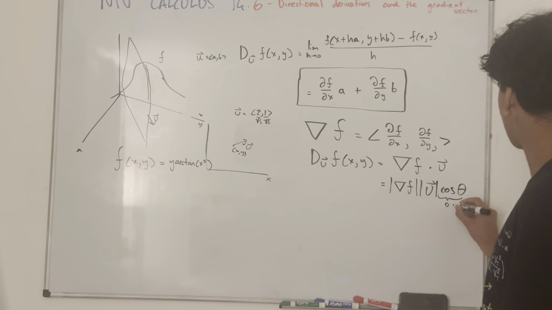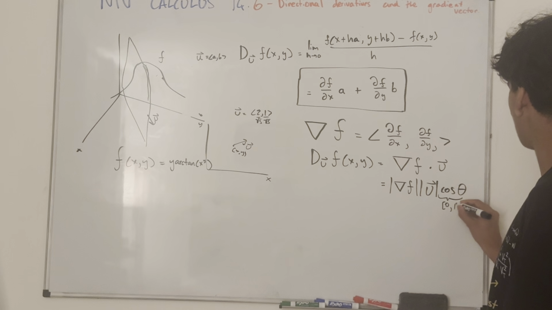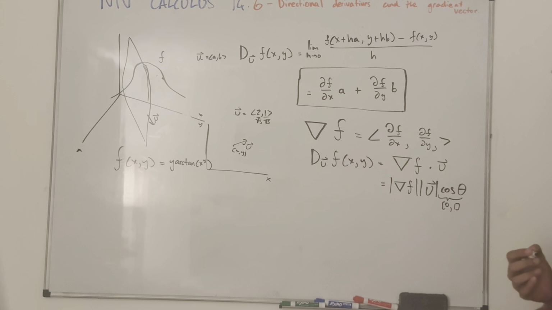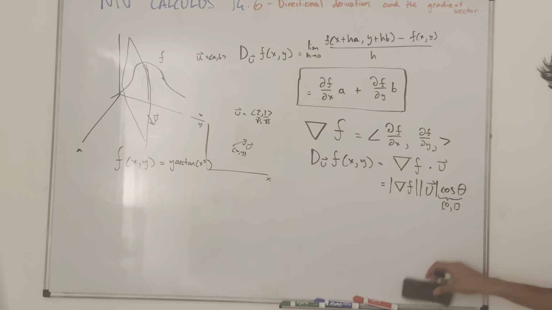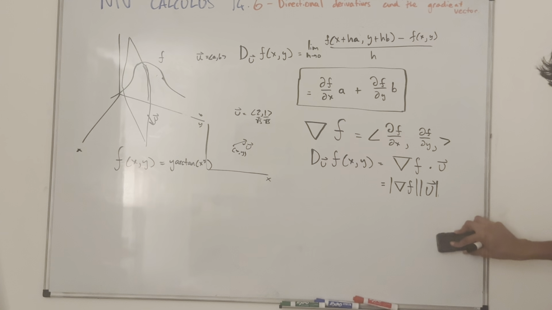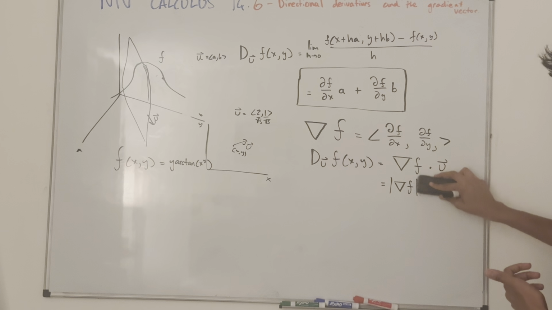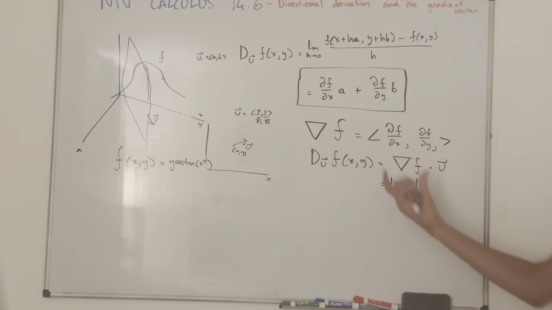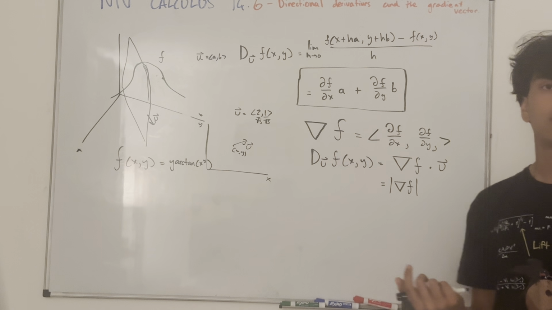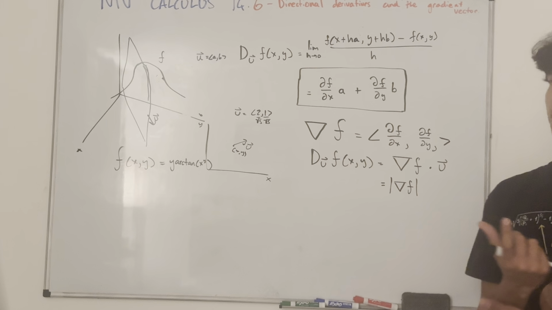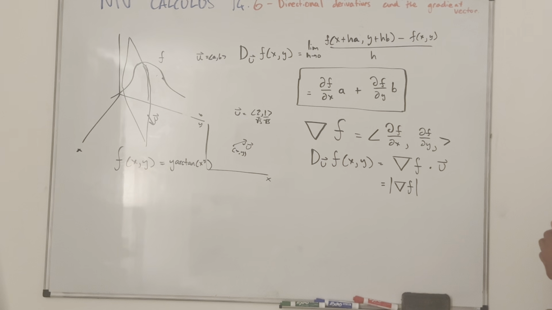So we could say it's from 0 to 1. Obviously it's going to be 1 when theta is 0, when they're along the same direction. And the magnitude of u is always 1. So the largest the directional derivative will be is the magnitude of del f, the magnitude of the gradient.